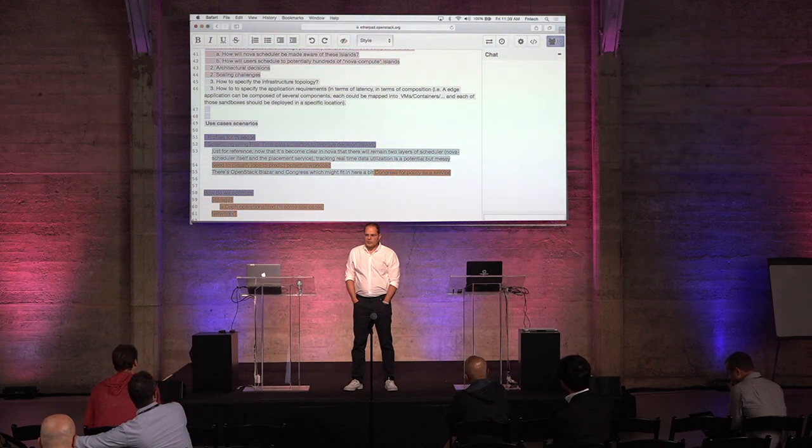When you're talking about the data, you're talking about the images for the application?